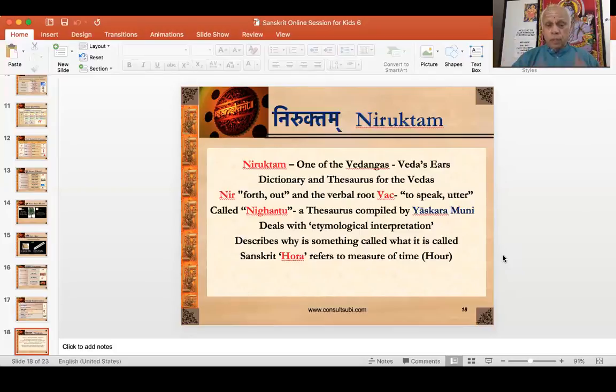Nir means to bring out, and it's a verbal root vak. Uktam comes from the word vak, to speak or utter. It's also called Nigantu. It's a thesaurus compiled by Yaska Muni. It deals with various interpretations, and tells you why something is called what it is called.